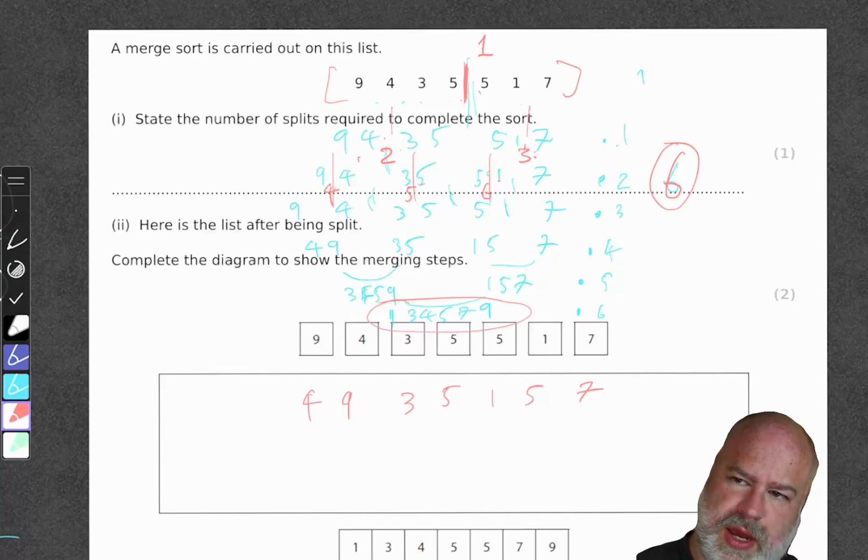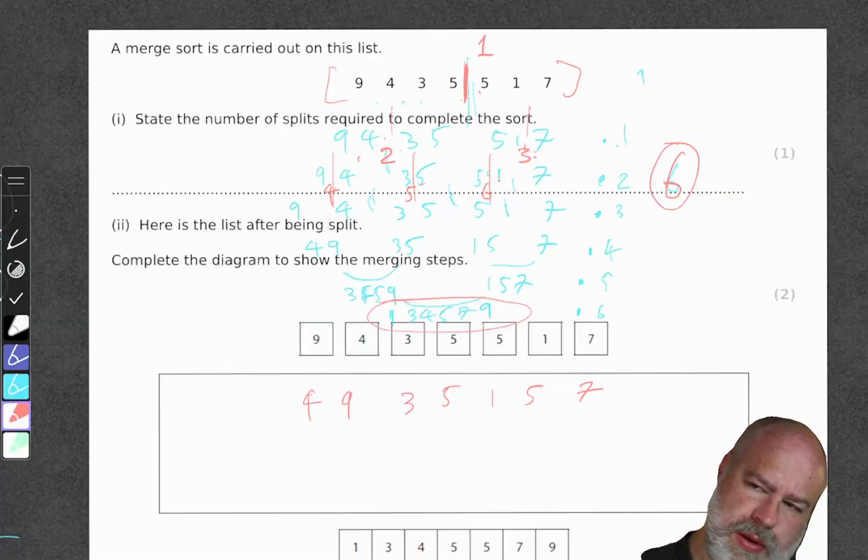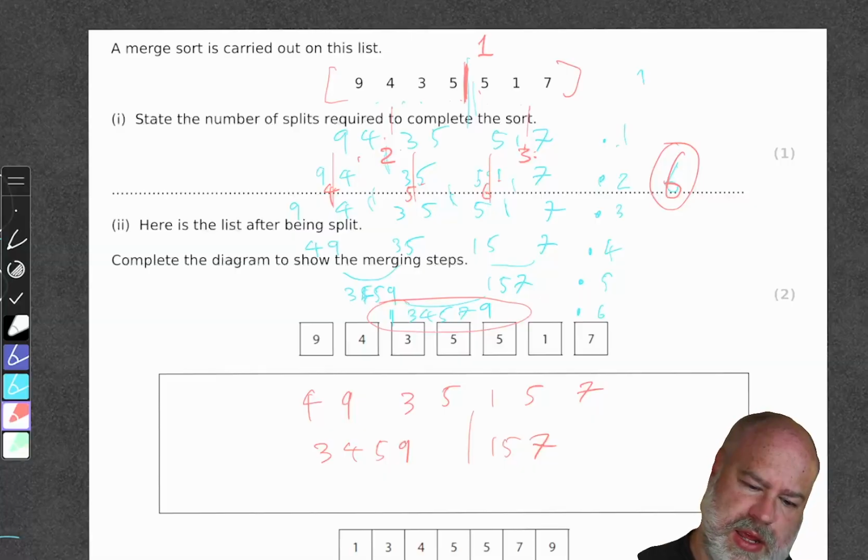and then in terms of two groups, 3, 4, 5, 9, 1, 5, 7, and that would be enough, and then finally it goes down to that one now.